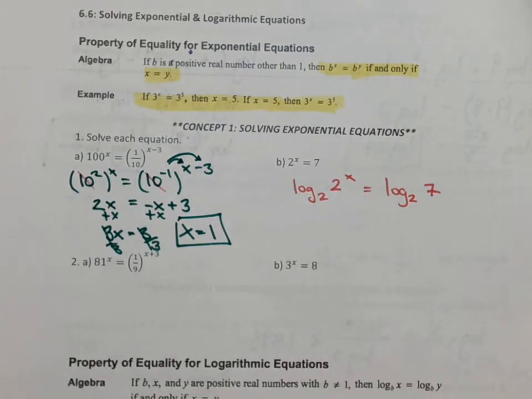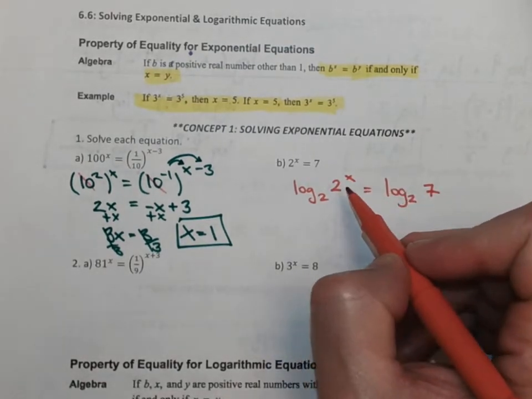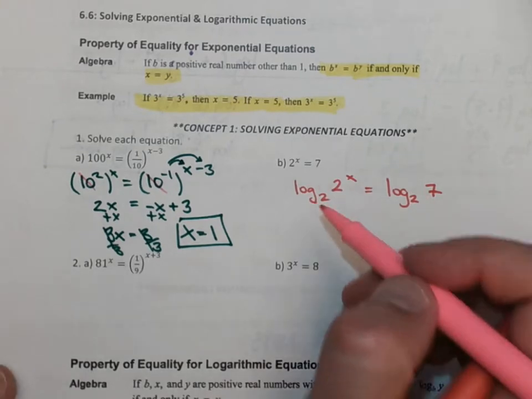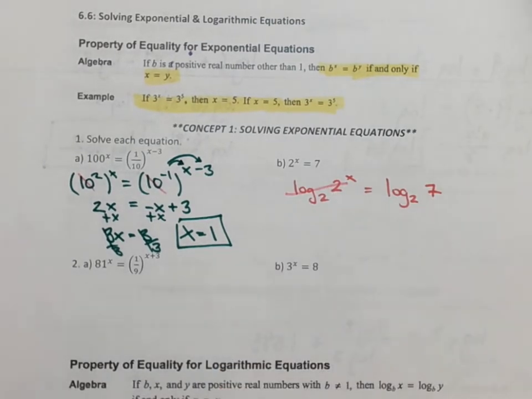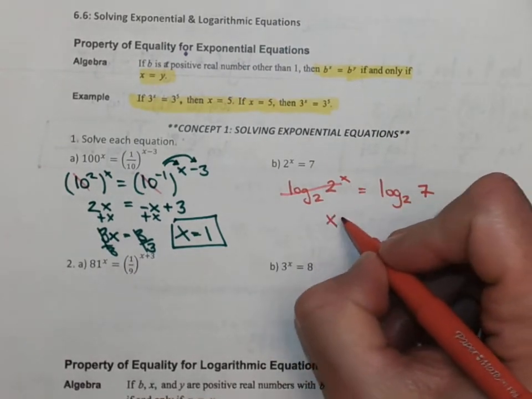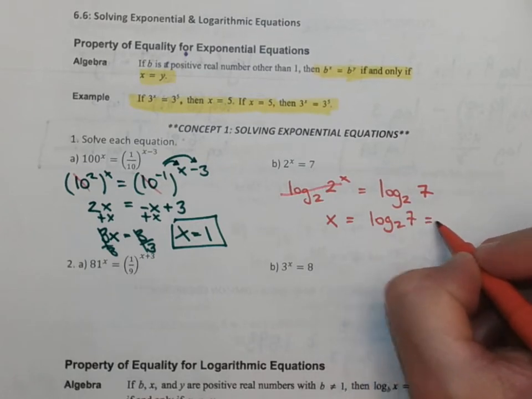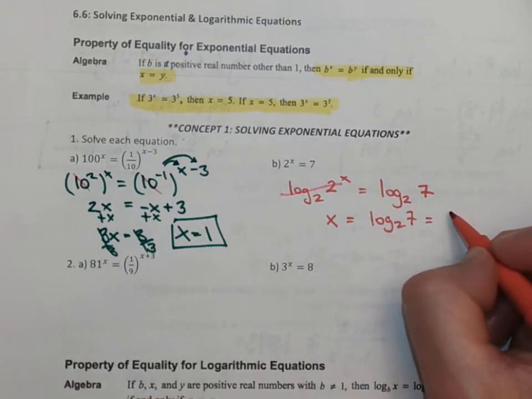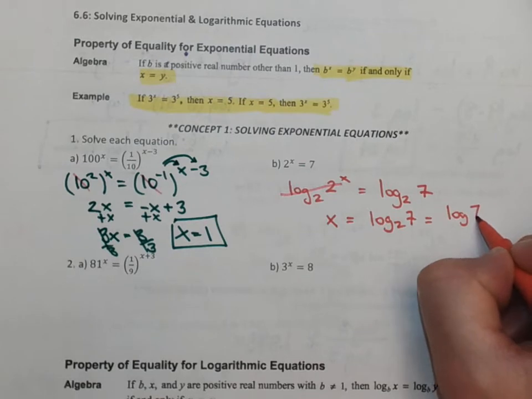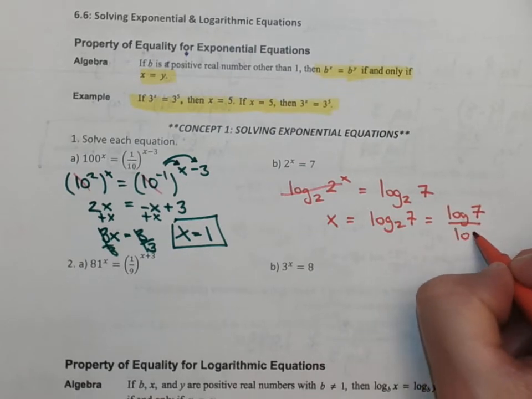Still exponential, working with that. But what happens here is that log base 2 of 2 cancels out. What am I left with? x equals log base 2 of 7, which equals, if I use my change of base, log of 7 over log of 2.